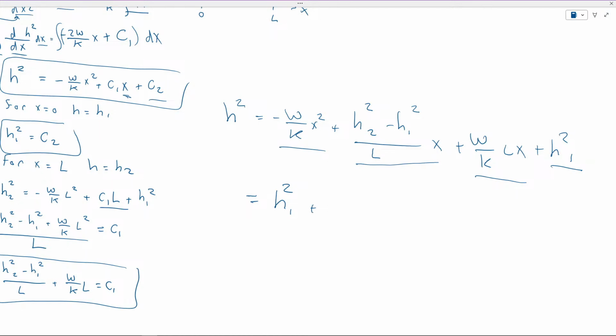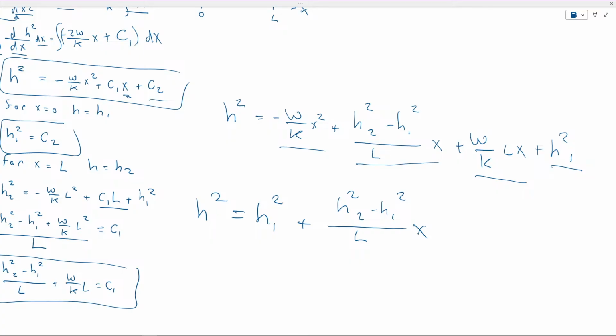I cannot do much with this, so I can just say this is plus negative h over 2 over L times x. I cannot do much with this term, but these ones I can do something with.